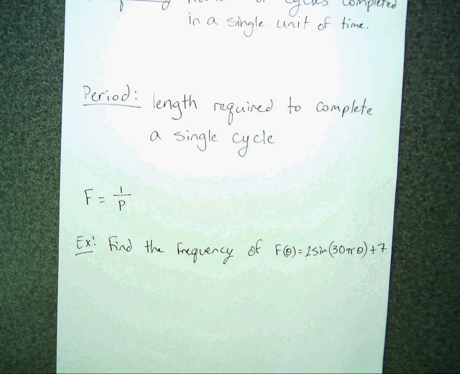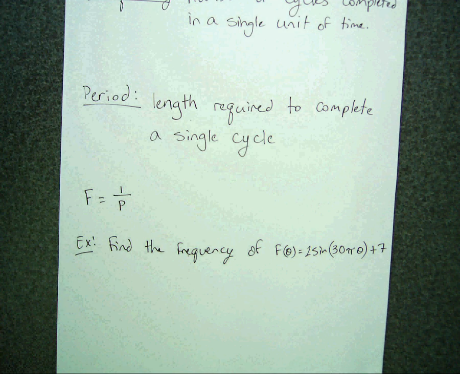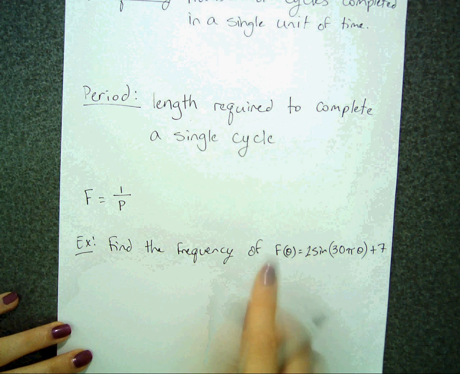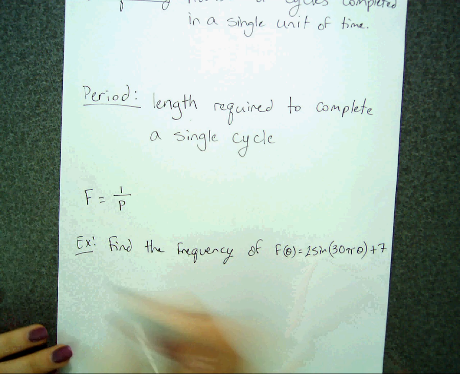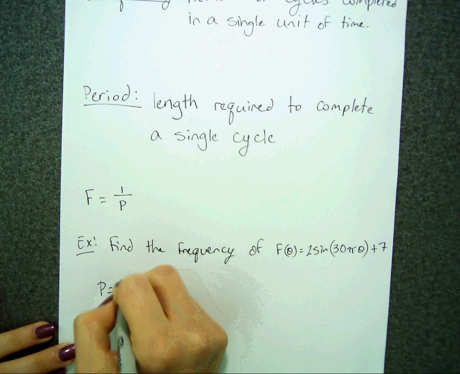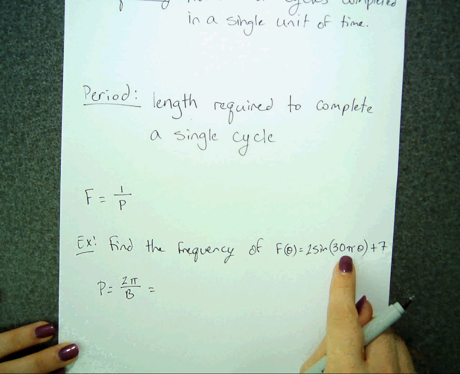So in order to find my frequency, I first have to find the period. So my period, I'm dealing with sine. It'll depend on what function you're dealing with. I'm dealing with sine. And so my period is 2 pi over b, where b is the value in front of theta.